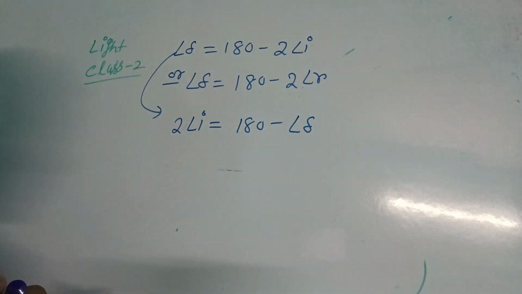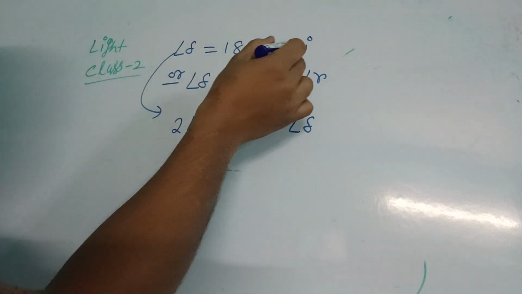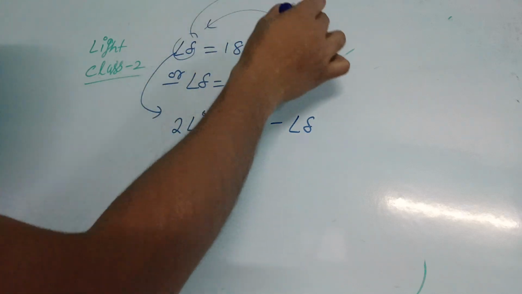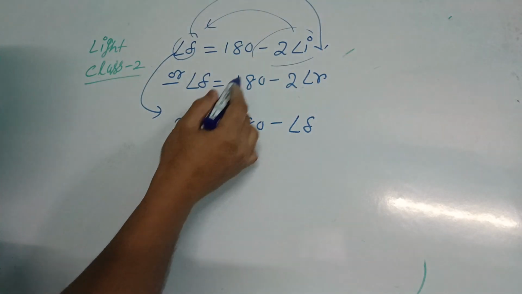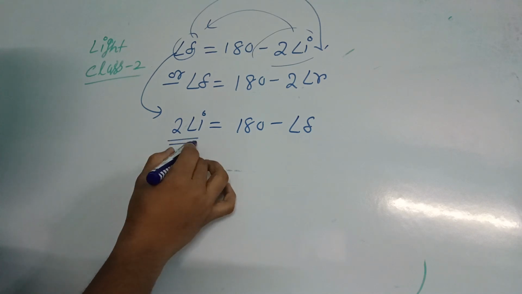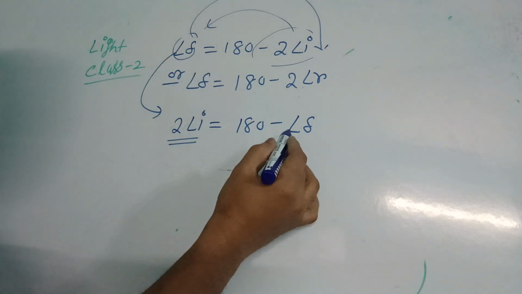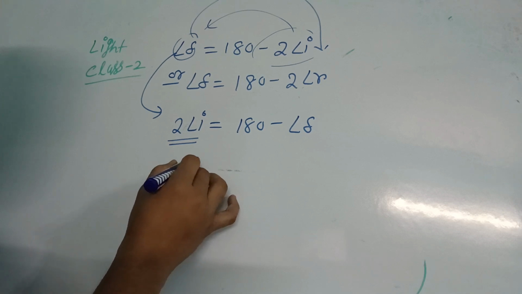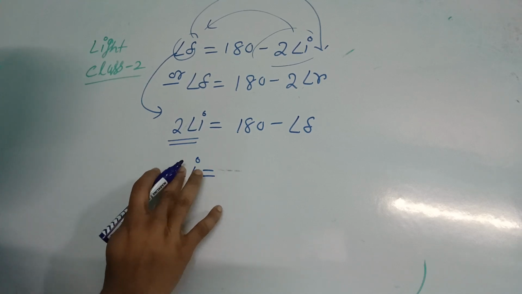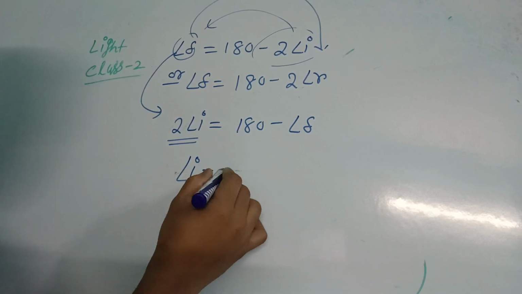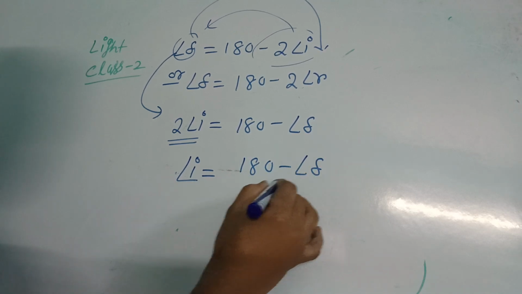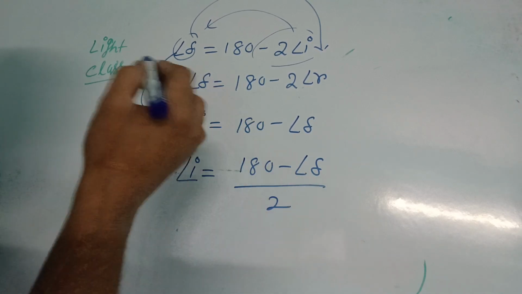From this, if we shift this negative 1 here and this delta that side, so minus 2 of I converted into plus 2 of I, and delta converted into minus delta. So from here we can write angle I is equal 180 minus delta divided by 2.